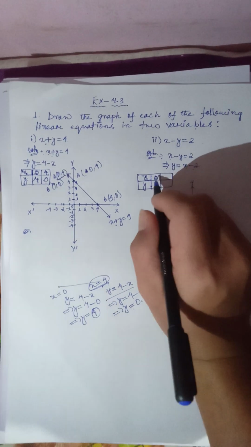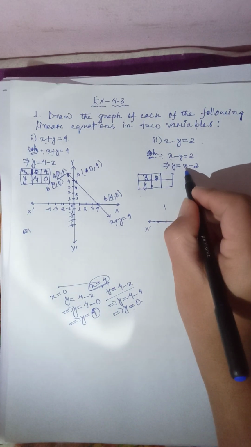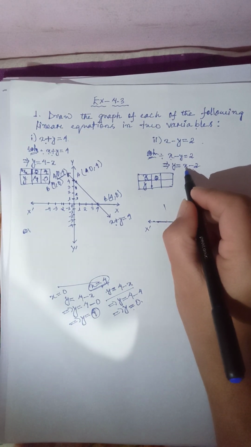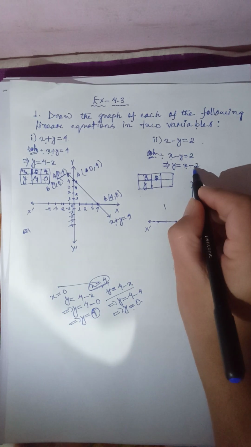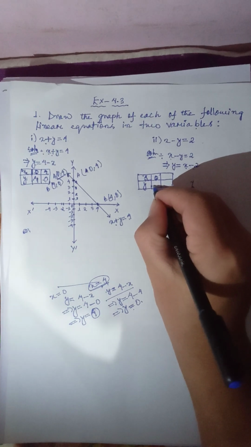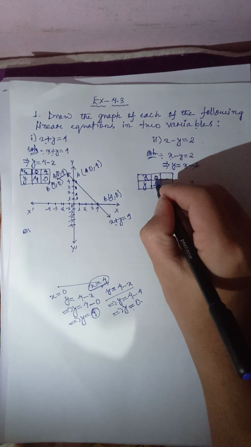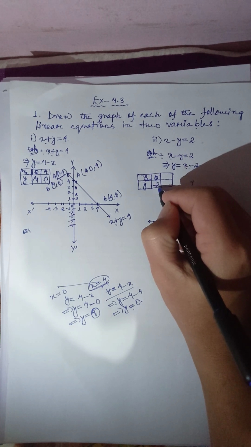Alright. What is the value of x that we have in this? It is 0. Whenever you put x equal to 0, it means 0 minus 2, right? 0 minus 2 will give you minus 2. That's the value of y. When x is equal to 0, it is minus 2.